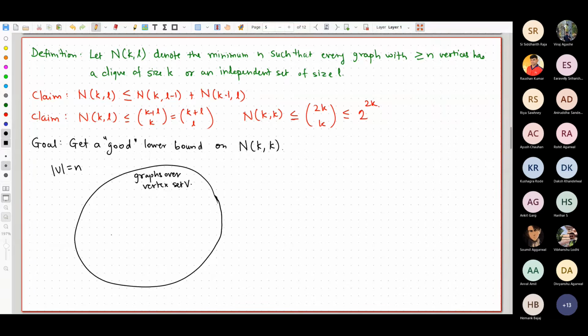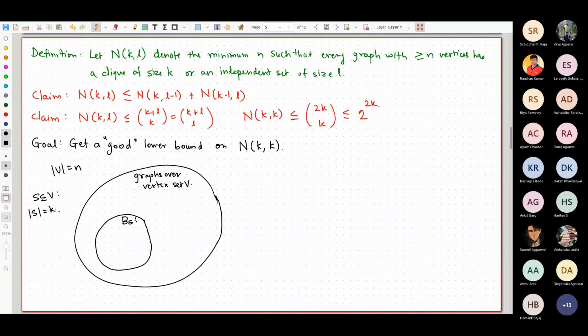Now this set of bad graphs, the graphs which have a clique of size k or an independent set of size k, I'll decompose into several categories of bad graphs. For some set S subset of V, where the size of S is equal to k, I'll denote this set B_S.